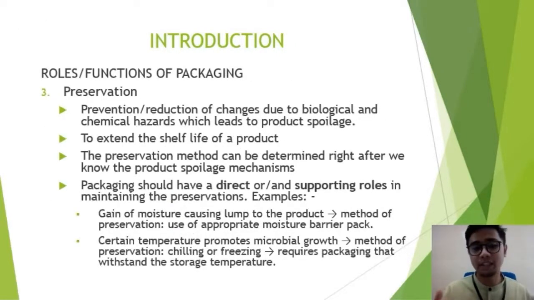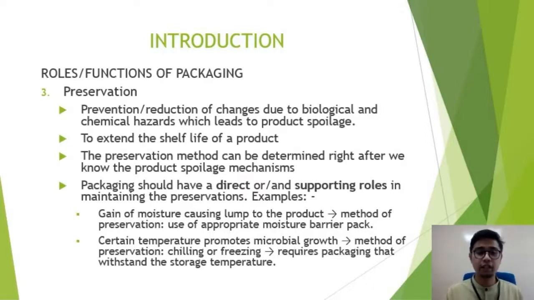So the packaging has to preserve our product throughout the shelf life to maintain the quality of the product. Preservation can be achieved by the prevention or reduction of changes due to biological and chemical hazards, which lead to product spoilage. And it also has the role to extend the shelf life of a product.